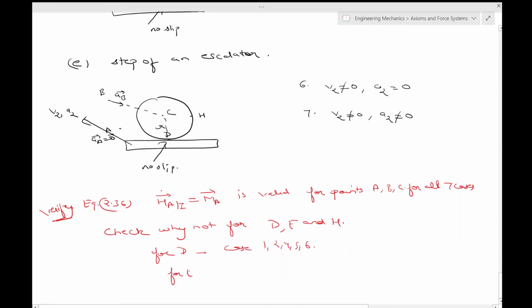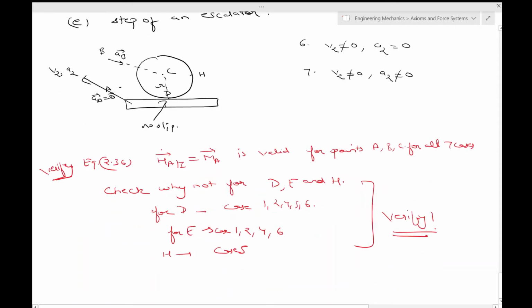For E this will be valid for 1, 2, 4, 6. Okay, and for H it will be case 5. So you have to verify all of them. It should be very easy for you to do this.